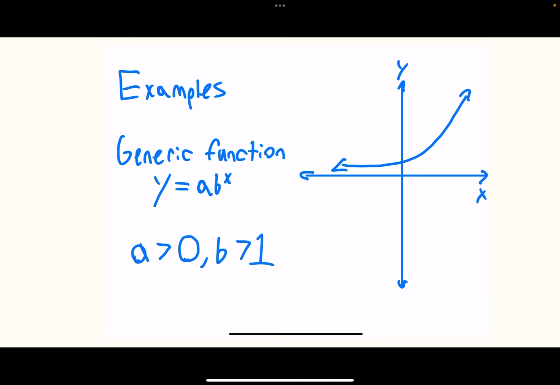Here's an example of a generic function. As you could see, y equals a b to the power of x. And so if we were to put a is greater than 0 and b is greater than 1, then the slope to the right you'd see is going to curve at an angle from the left x-axis towards up, right, y-axis, which is a good example because it shows that the y-axis would be greater if this scenario were to happen.